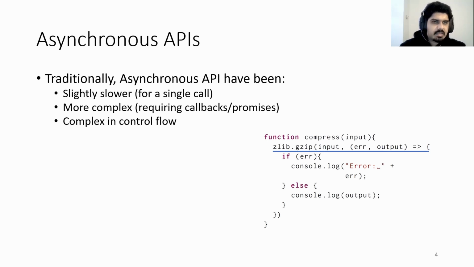The gzip call takes in the input as the first argument, and a second argument, which is a callback function. Once gzip completes its operation, it will call this callback function with the result, which is the output, and we can process it further. So this is an asynchronous call, which makes it non-blocking in nature, and that makes it very scalable.